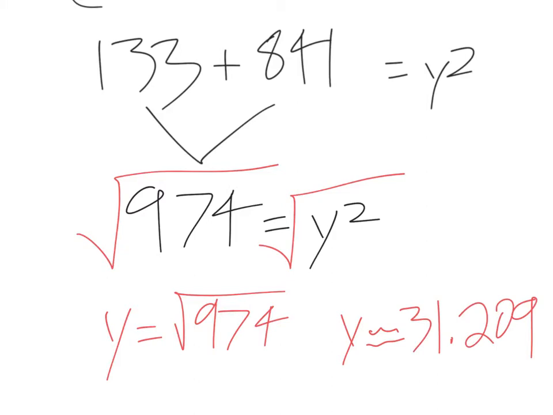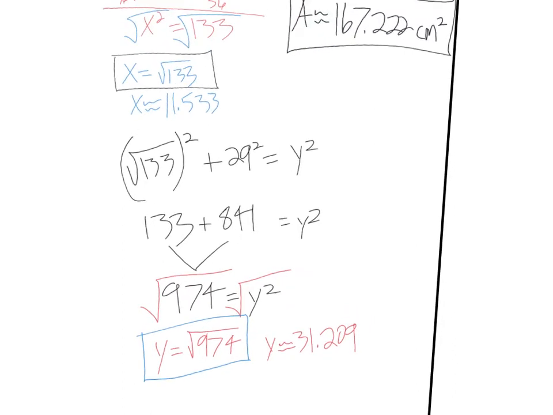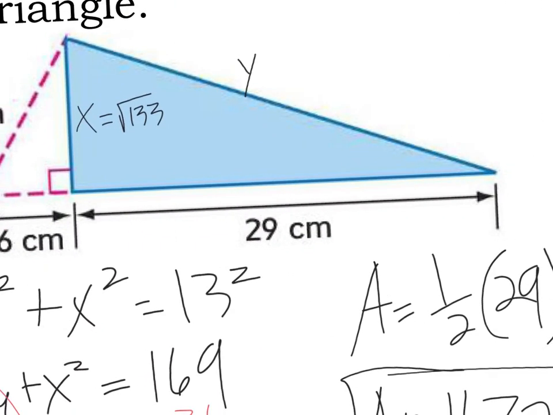And so here's another reason why I like to keep these in the square root form rather than just rounding it. The perimeter is the sum of all the sides, right? So if I add together two rounded sides, my answer is a little less accurate than just typing this into a calculator plus this into a calculator plus 29 into a calculator and just rounding my final answer rather than typing in two rounded numbers.